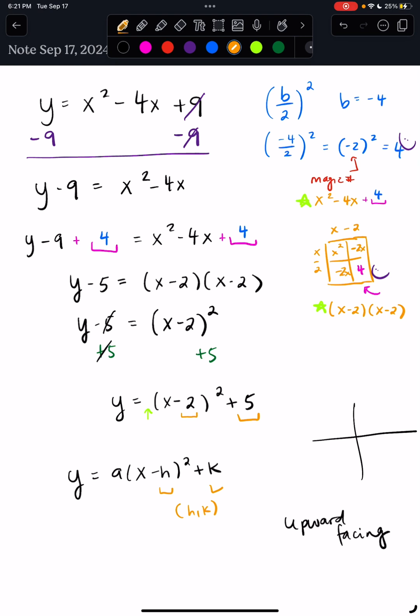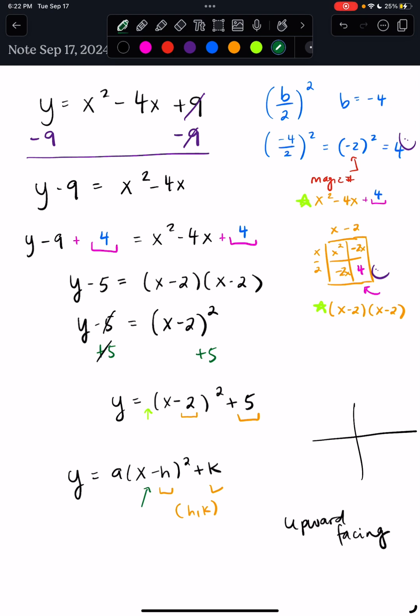And notice that in the equation for a vertex, we are subtracting the h value. This means that the number inside of the parentheses after x is going to change sign.